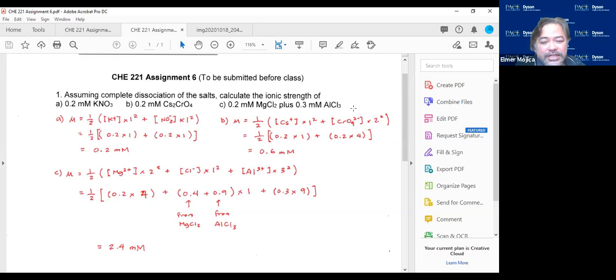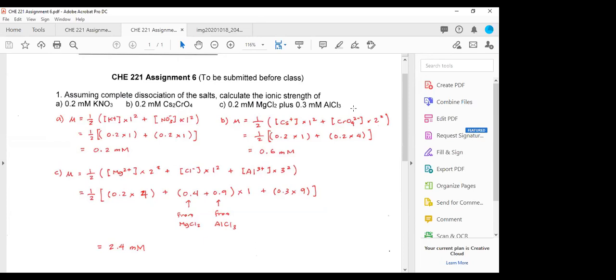So we will have the calculation part that will be given to you at 9 a.m. And then starting at 10 or 10:30, you can do the Blackboard part. But by 12 o'clock, everything should be done. So that means we're not going to meet next week. Okay?